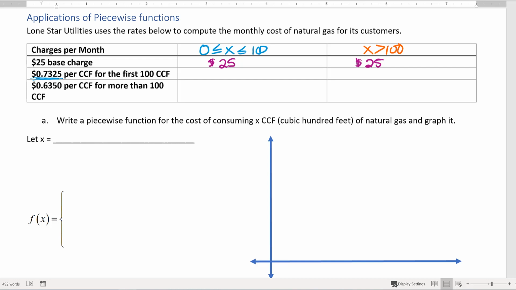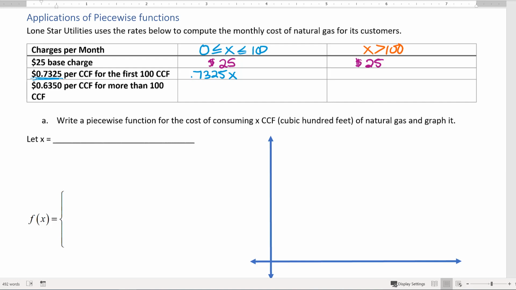What that means is we're going to have 0.7325 for every x between 0 and 100, and because our x does lie within 0 to 100, then we just have 0.7325x for every x that you have. So you only want to pay for what you're using.